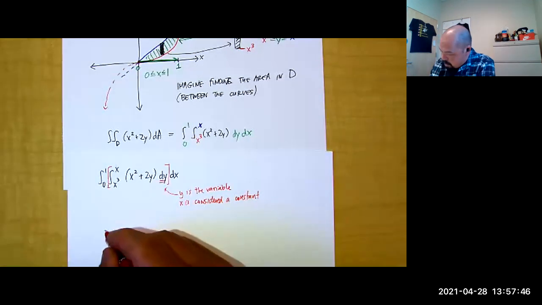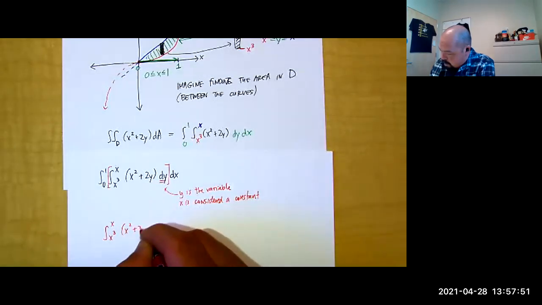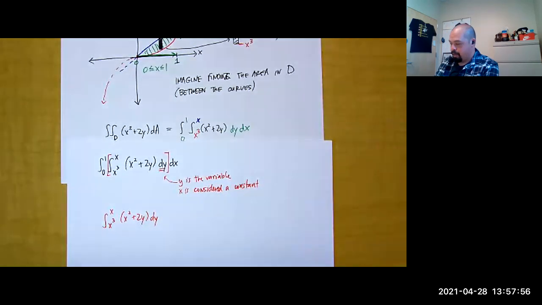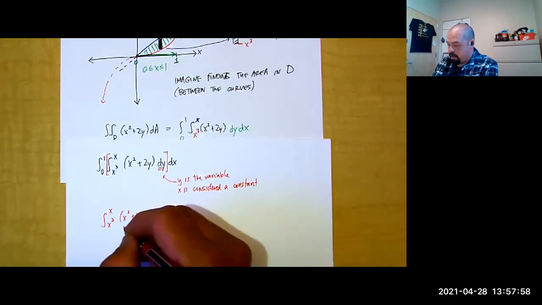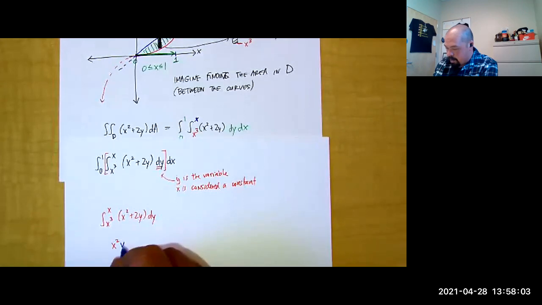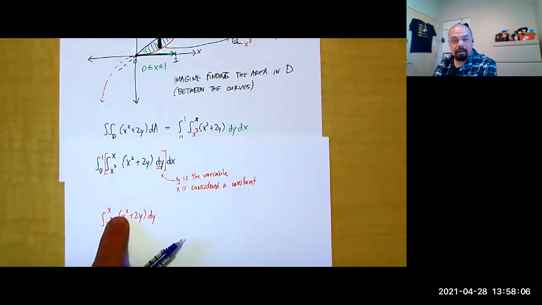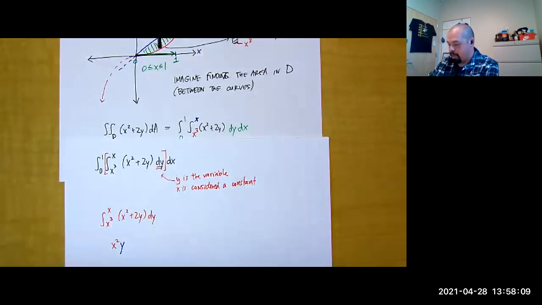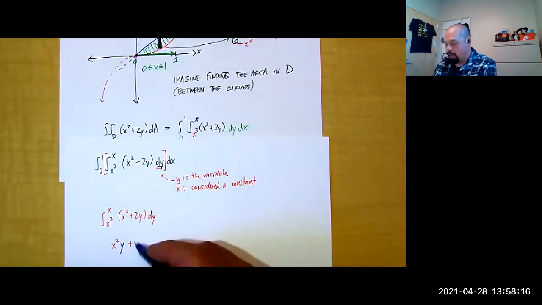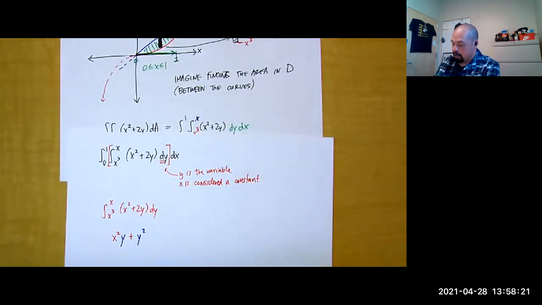So when I do that integral, x squared is a constant. Like if I just had a 2 there, integrating would get the variable y. Plus, and now here, 2y, the antiderivative is y squared over 2, the 2's go away.